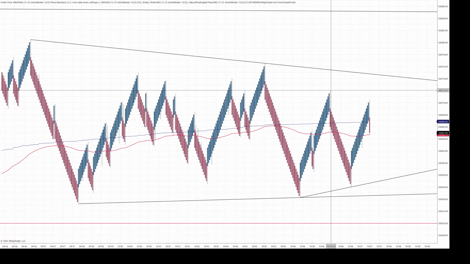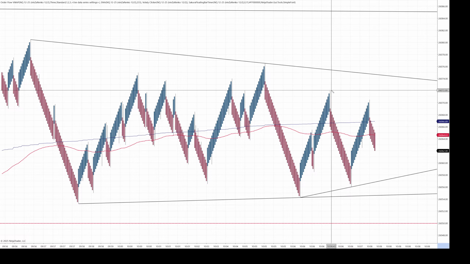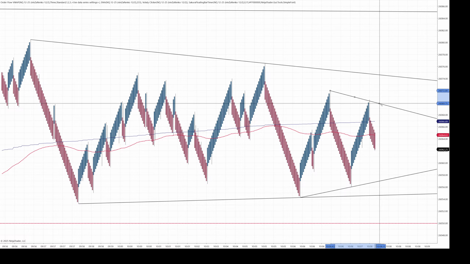We'll end up probably drawing this trend line here if this continues going down. Yep, so we're going to be drawing a new trend line like this.